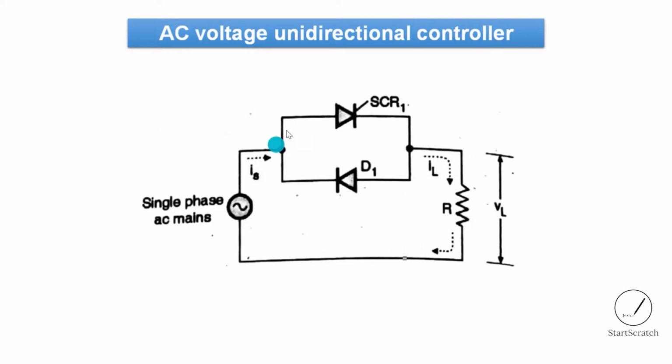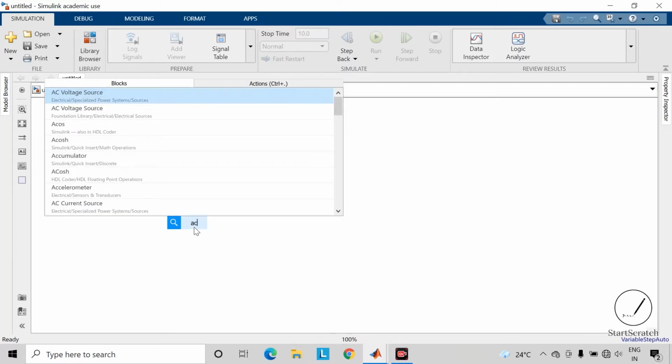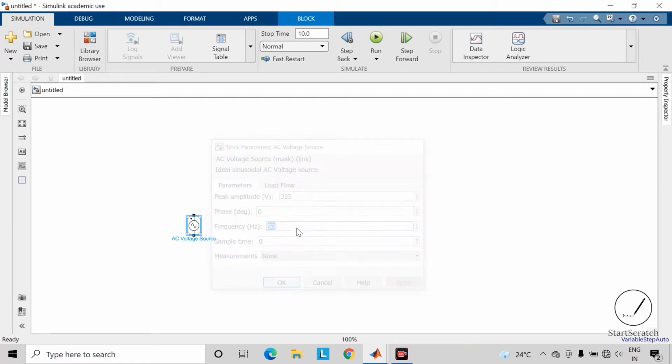We will do the connection similar to the circuit diagram. We will start with AC voltage source. Change here the peak amplitude to 325 volts and frequency to 50 Hz. Now take the thyristor and diode present in the specialized power system library and connect them in anti-parallel.